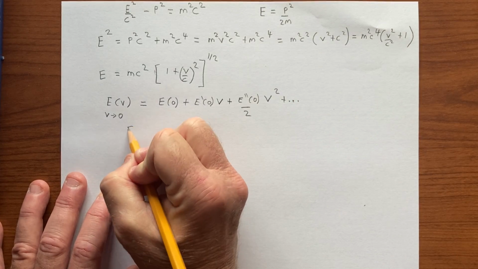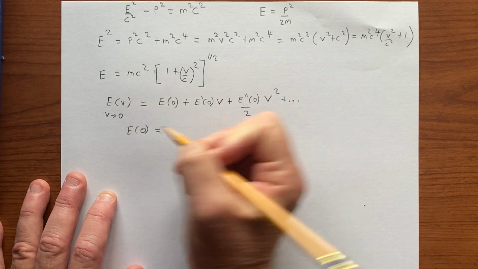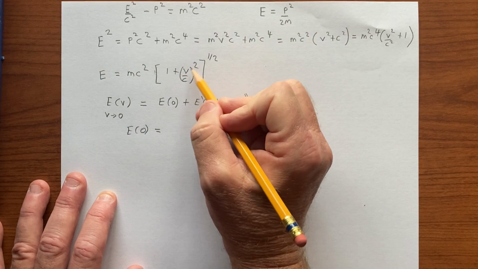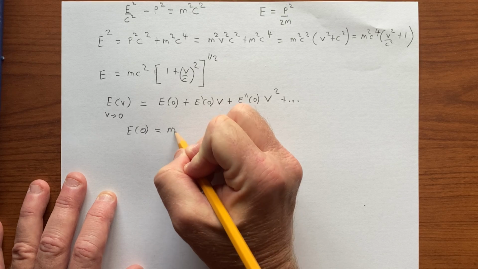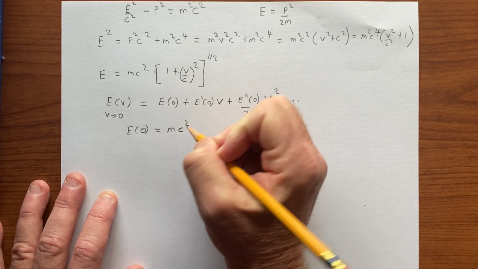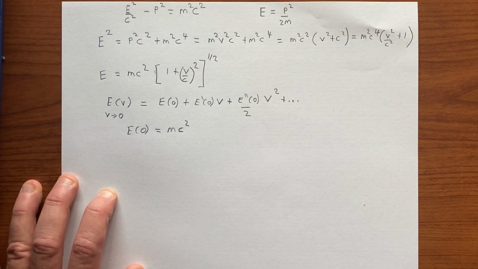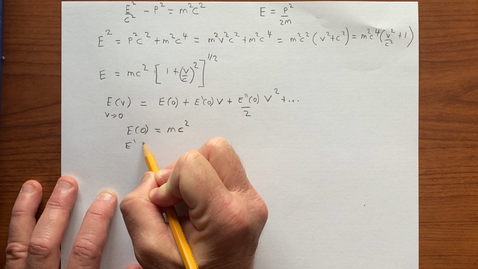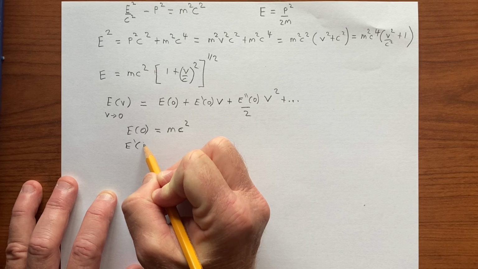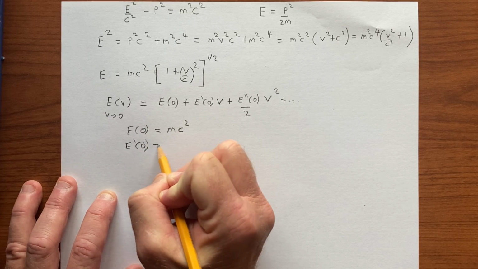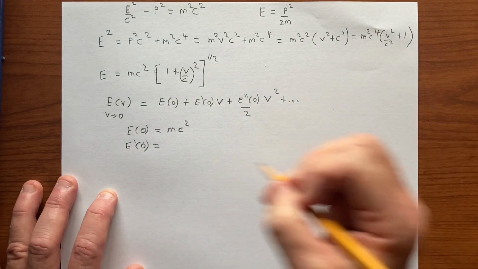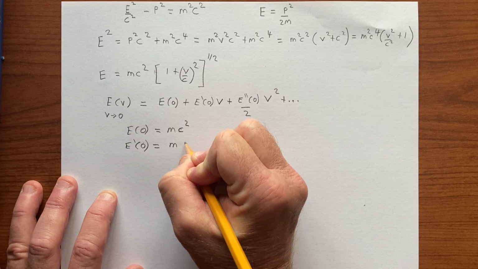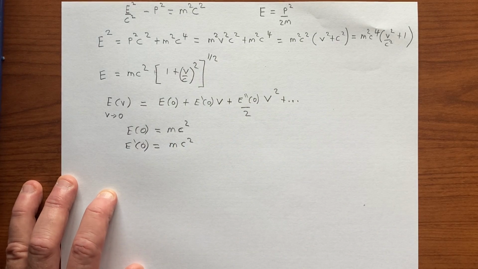And so E of 0 is equal to, this is 0, so it's just mc squared, right? It's just the rest mass energy. E prime of 0, where we want to evaluate it at 0. So, but let's write it in terms of v, mc squared.